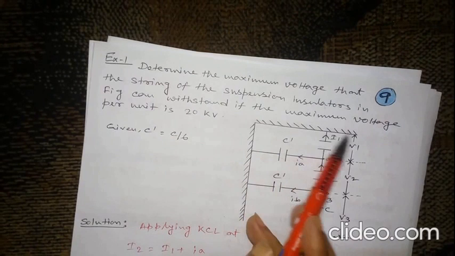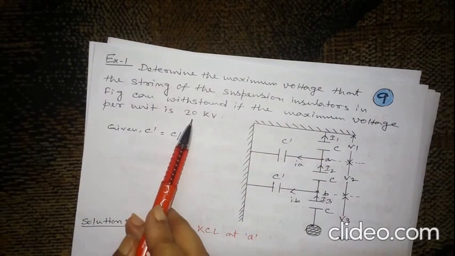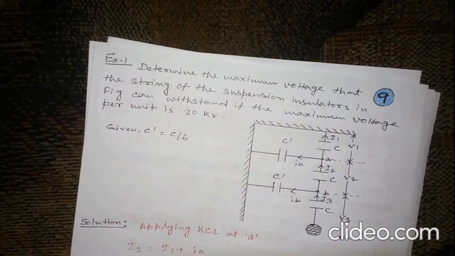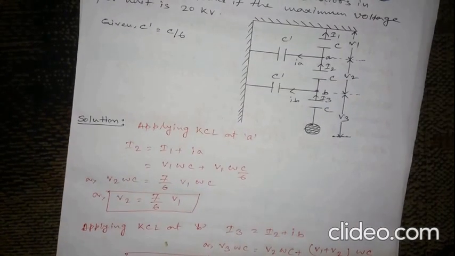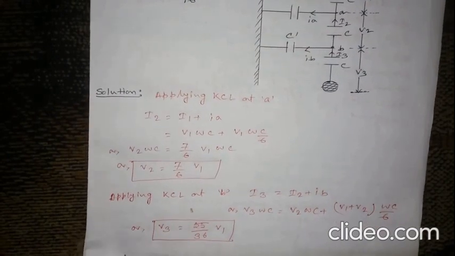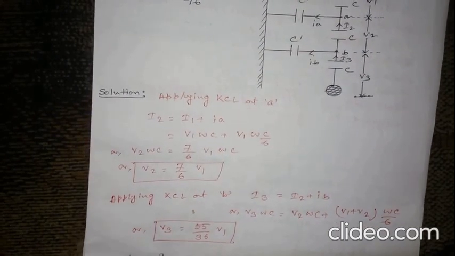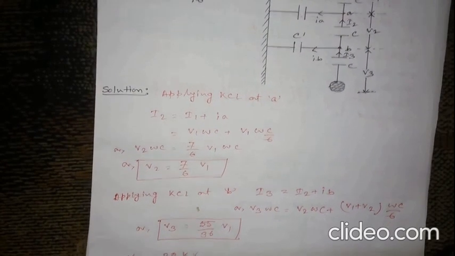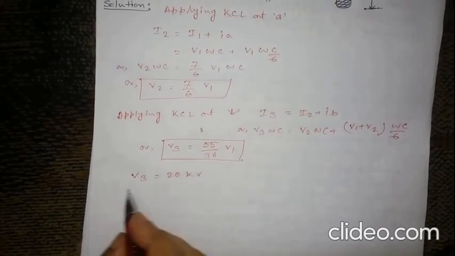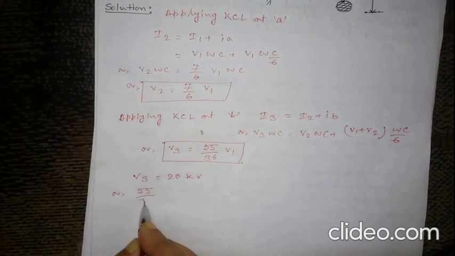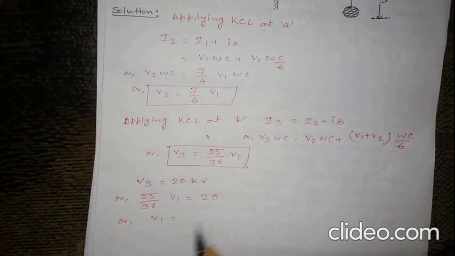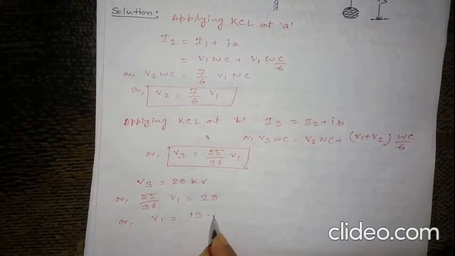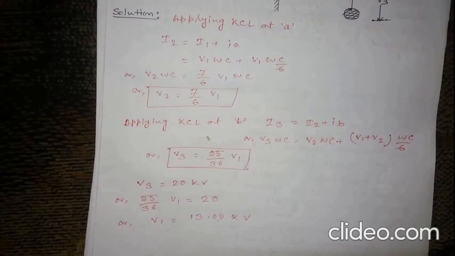Now come to this question. If the maximum voltage per unit is 20 kV, the voltage V3 across the unit near the power conductor is maximum. So we can write V3 is equal to 20 kV, or 55 by 36 V1 is equal to 20, or V1, after computing this, we get 13.09 kV.